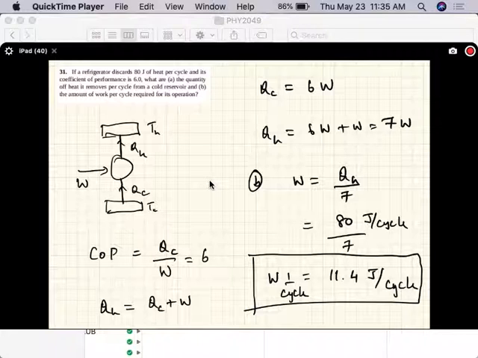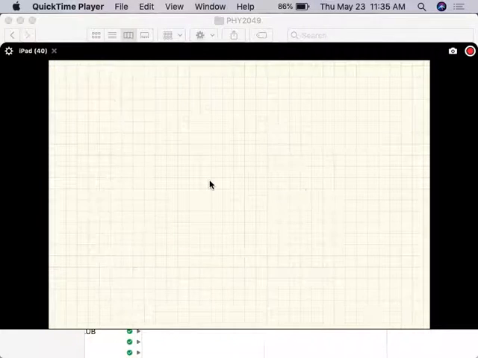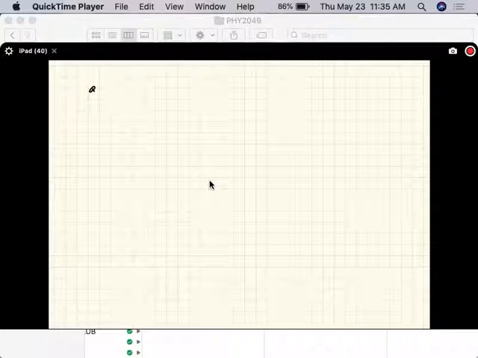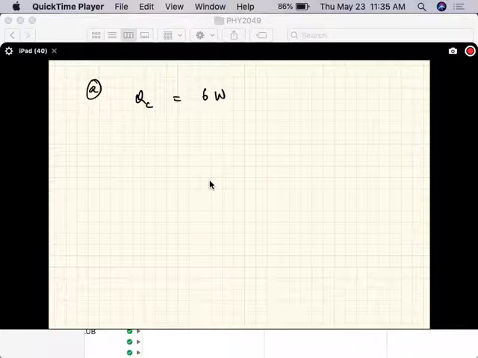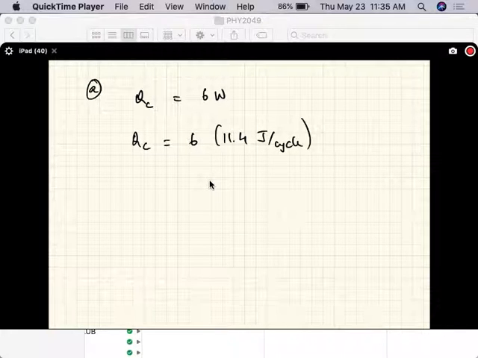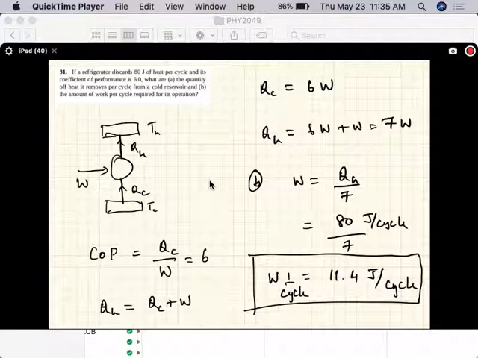And part A, the quantity of heat it removes per cycle. QH is 7W, and QC is 6W.